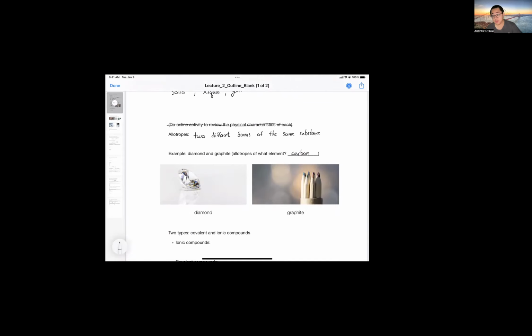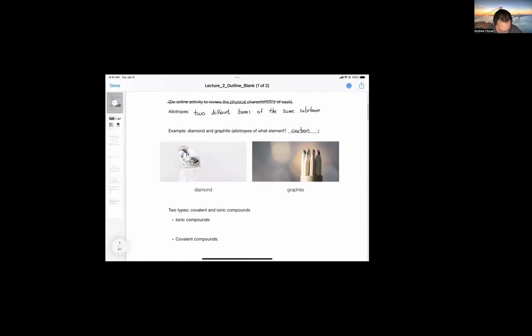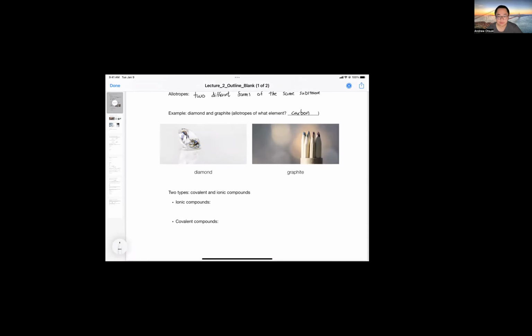Graphite is a great conductor of heat and electricity, which is kind of strange given that carbon is not a metal. You see here, they're very different forms of carbon, with very different properties, but they are composed of the same element, carbon.